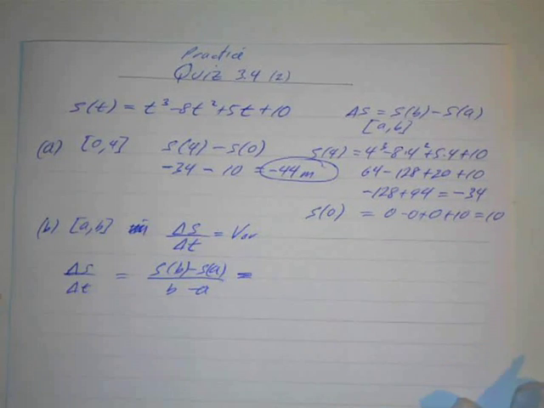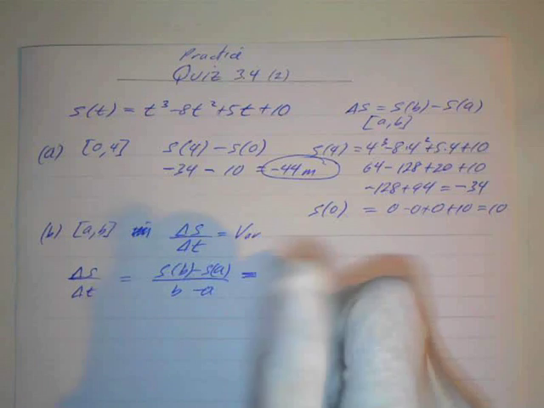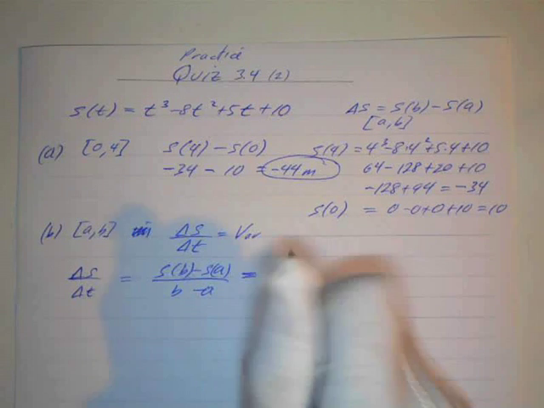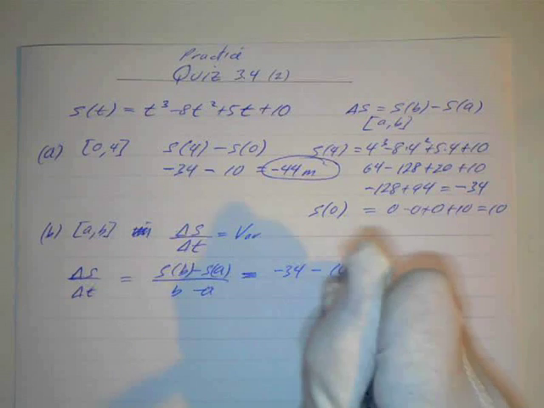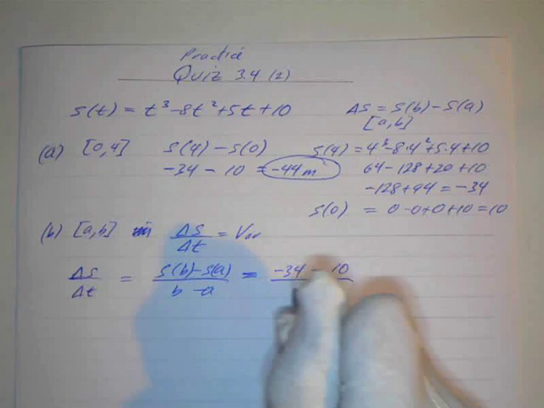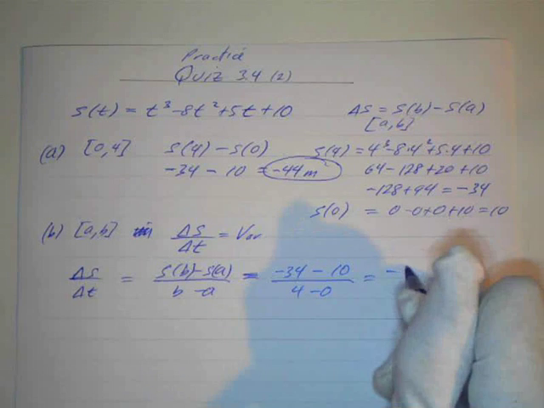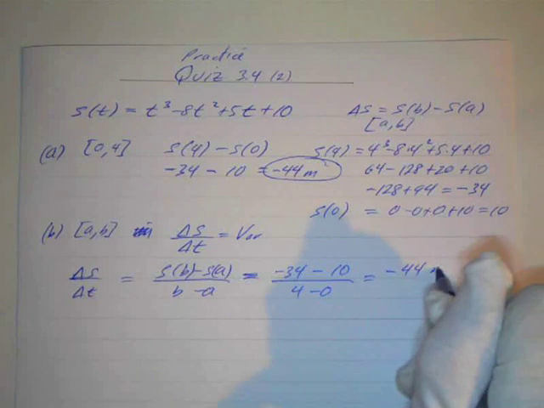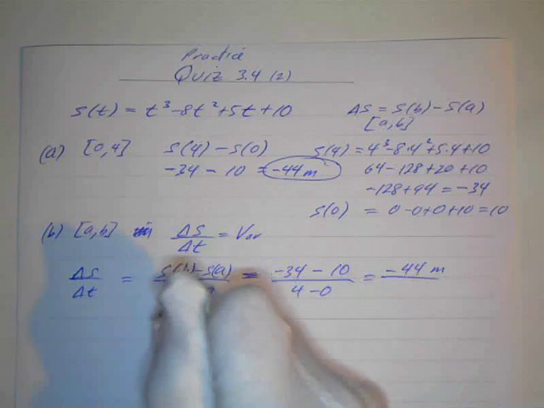So S of B minus S of A is going to be, over 4 minus 0, negative 44 like we had up here. That's in meters, and this is in seconds.